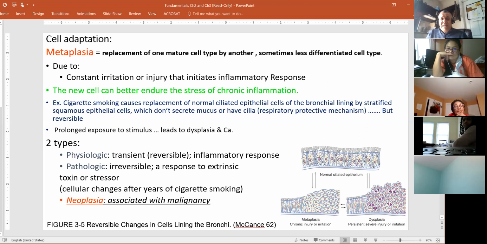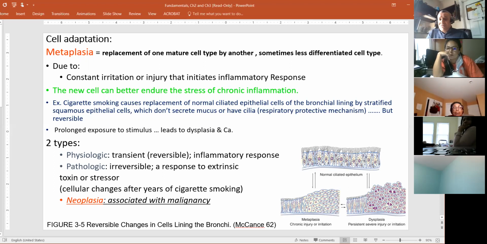We have examples of this one, like cigarette smoking. It will cause replacement of normal ciliated epithelial cells of the bronchial lining by stratified squamous epithelial cells. These new cells in the bronchial lining do not secrete mucus or have cilia, which is the protective mechanism, as you recall from EMP.